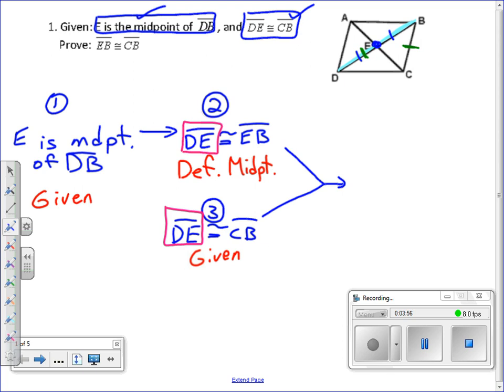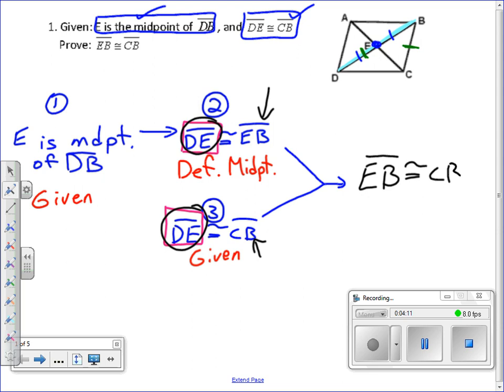So because EB, right here, is congruent to DE, and because CB, on number 3, is congruent to DE, that means that EB and CB should be congruent to each other. And that is what the transitive property says. So this would be number 4, and my reason would be the transitive property.